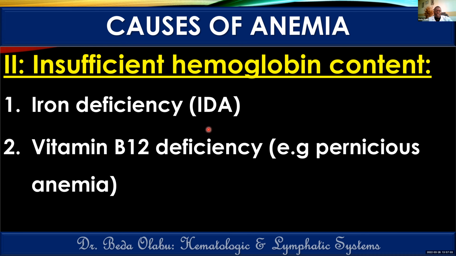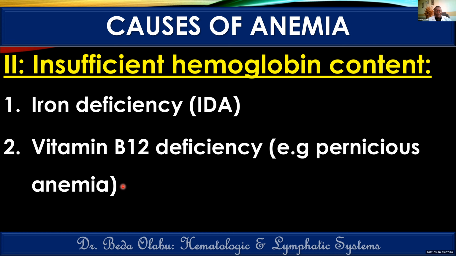We also see this in situations of vitamin B12 deficiency. Pernicious anemia is particularly the type of anemia that people get if there is something that destroys the stomach cells that produce something called the intrinsic factor.